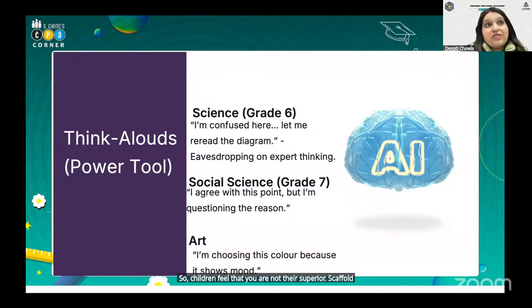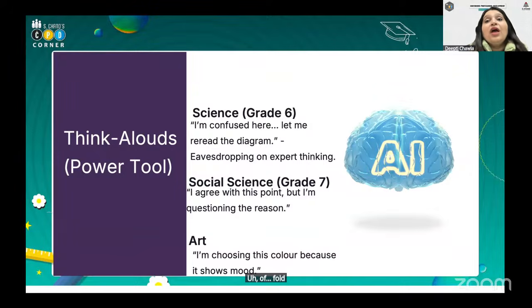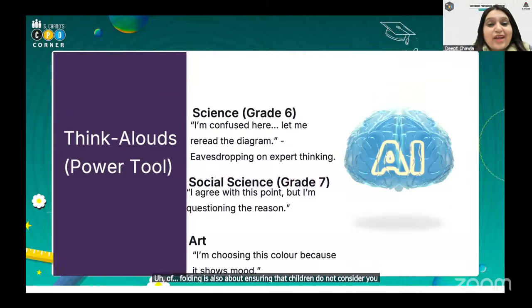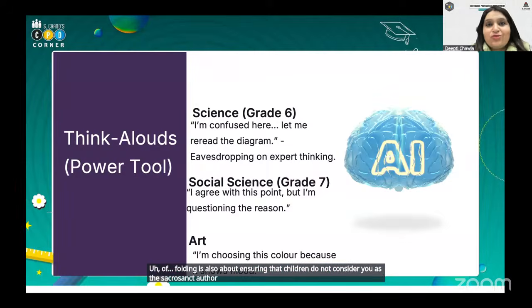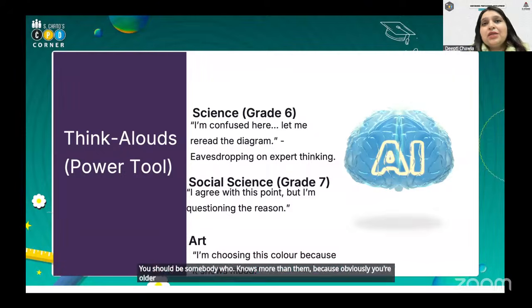Scaffolding, the basic principle of scaffolding, is also about ensuring that children do not consider you as the sacrosanct authority in the classroom. You should be somebody who knows more than them, because obviously you're older, but you are like them, you're also learning.